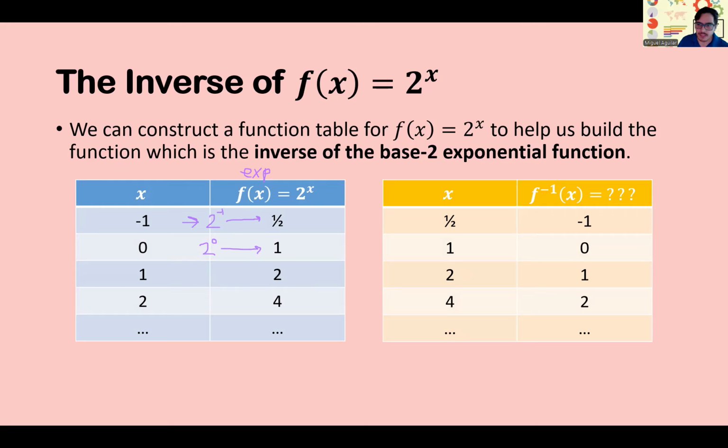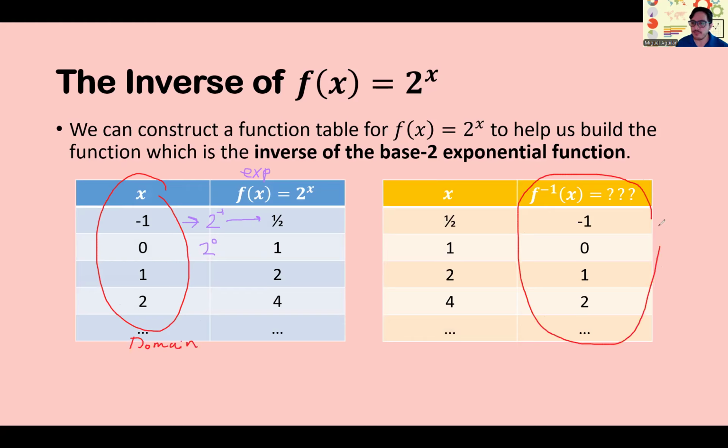Okay. So all we did here, again, is take these x values, the domain of our function, I'm just going to put domain, and then we said, let's take those numbers, and that's now going to become the range of the inverse. And I'm just going to put f inverse here.